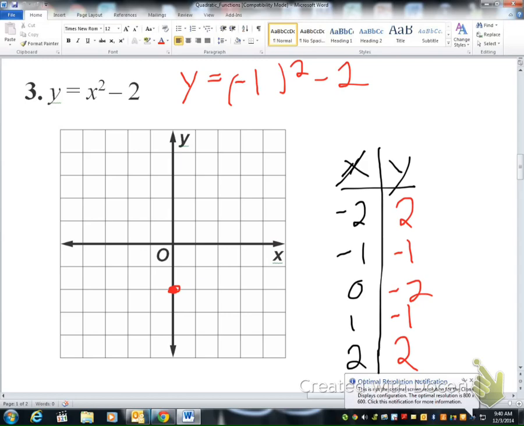Okay, then we have -1, -1, and we have +1, -1, and we have -2, 2, and +2, 2. So those are our points, and then again we just kind of roughly connect them. So it looks something like that.